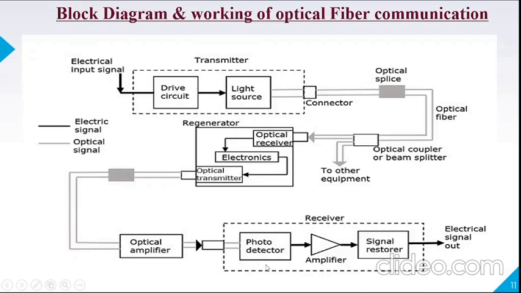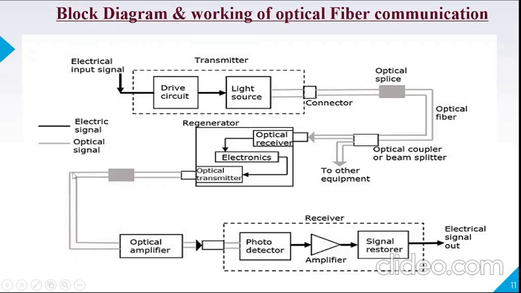Receiver consists of photodetector, amplifier and signal restorer. And communication medium or communication channel consists of connector, optical splice, then optical coupler or beam splitter, then regenerator and optical amplifier along with the optical fiber cable.